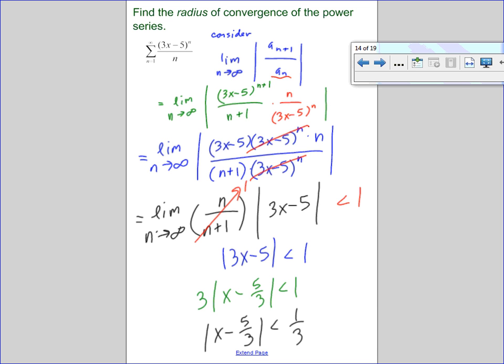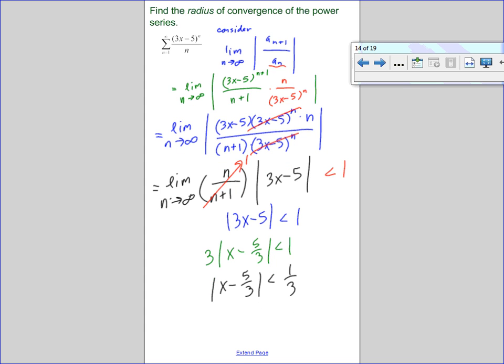Did I divide by 3 properly? So that is just going to shift my interval over 5/3 of a unit.